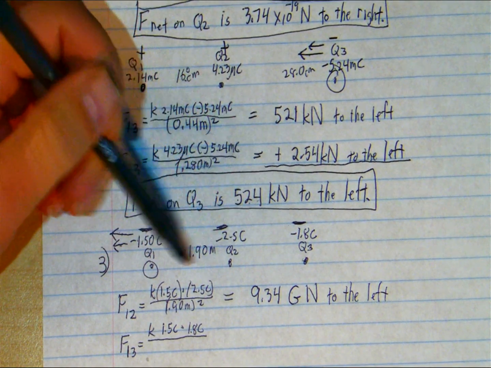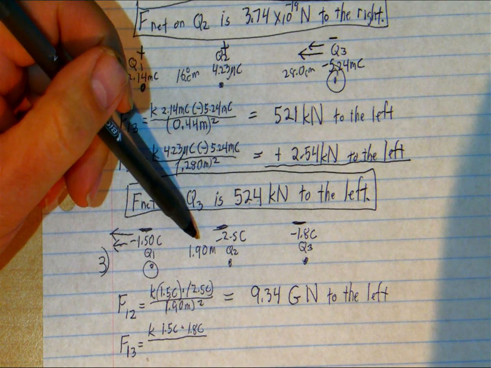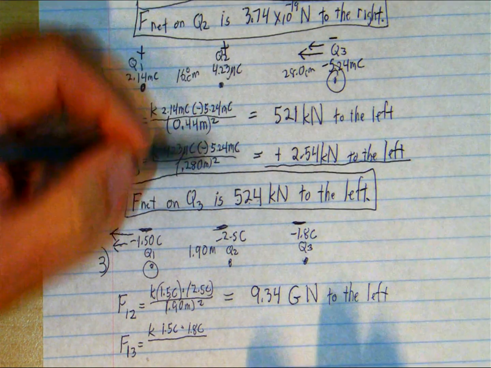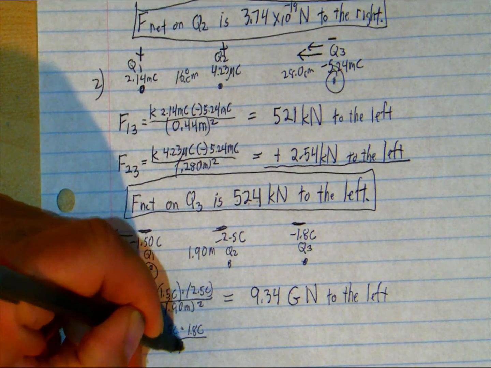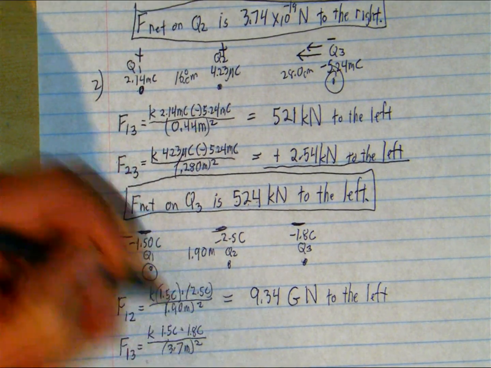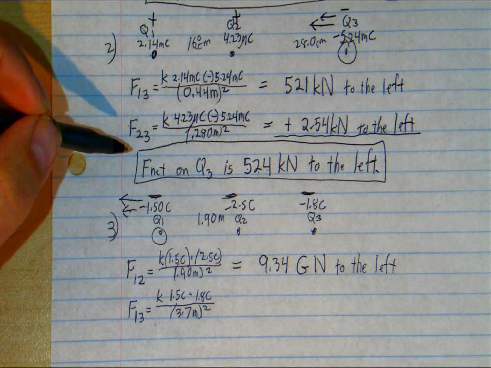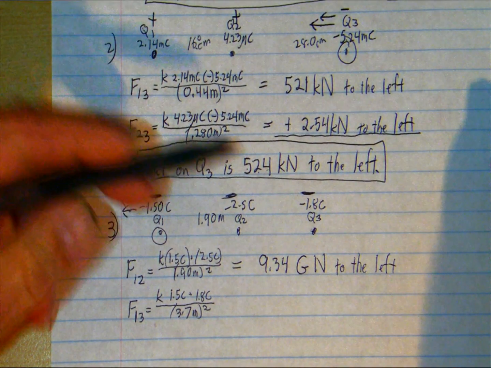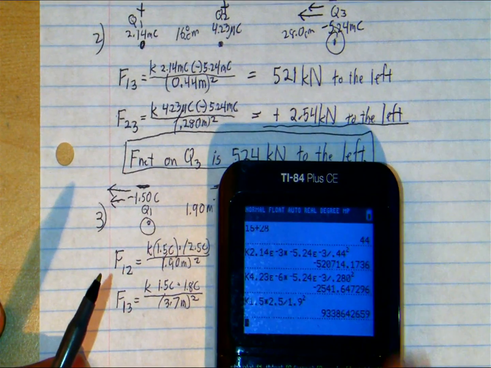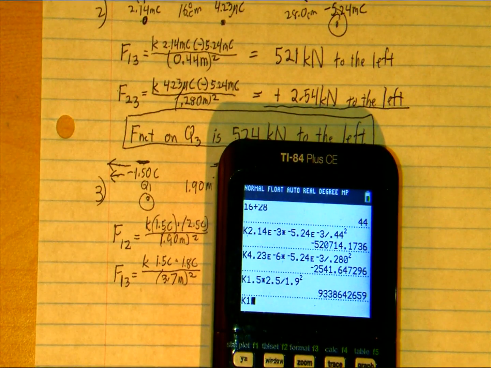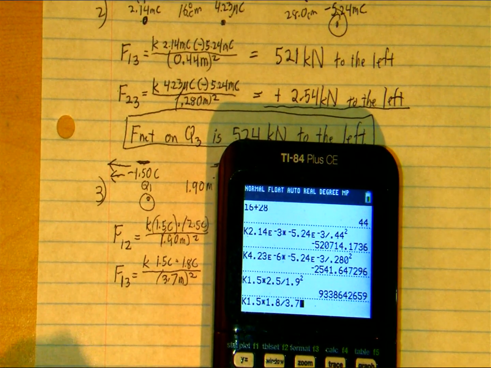All right, well, so I believe that's 3.7 meters squared. 1.8, 2.8, 3.8, 3.7. Yeah, okay. So alpha k, very convenient to have it stored in memory, isn't it? 1.5 times 1.8 divided by 3.7 squared.